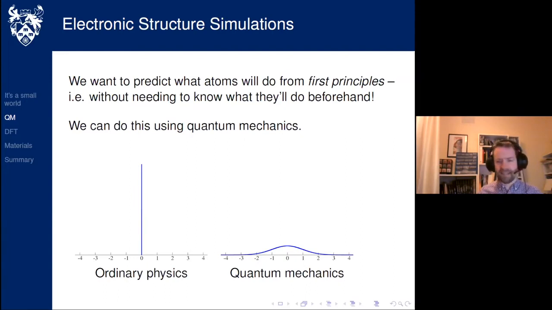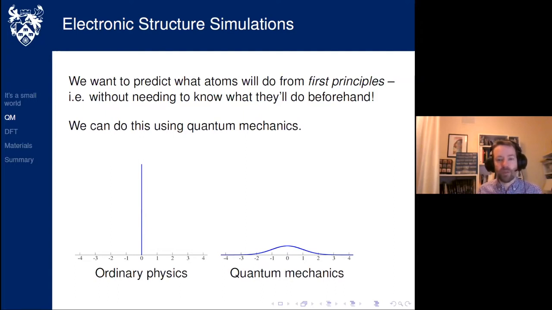So I've drawn an axis here. Let's say it's located at x equals 0. There's no uncertainty in that statement normally. The particle is at x equals 0. So if I were to draw the probability of finding the particle at x equals -4, -3, -2, -1, which you see in the bottom left, it's 0 everywhere except at x equals 0.